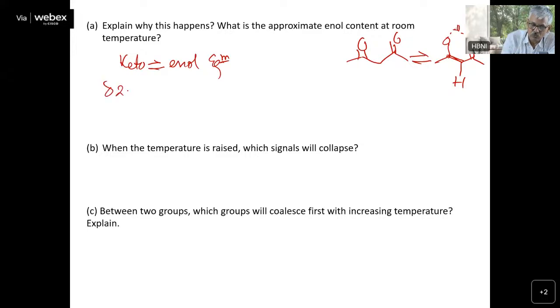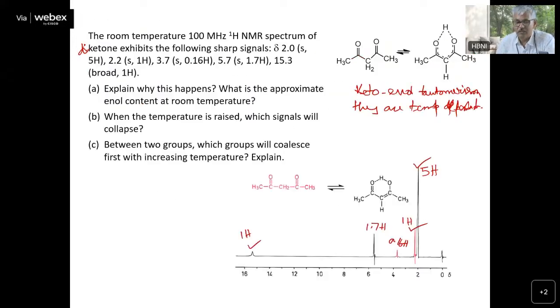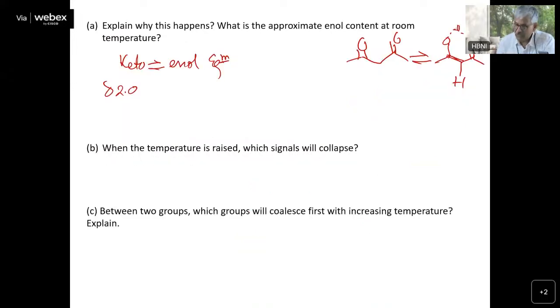Delta is equal to 2.0, delta is equal to 2.0, 5.7 and 15.3 are due to the enol form.